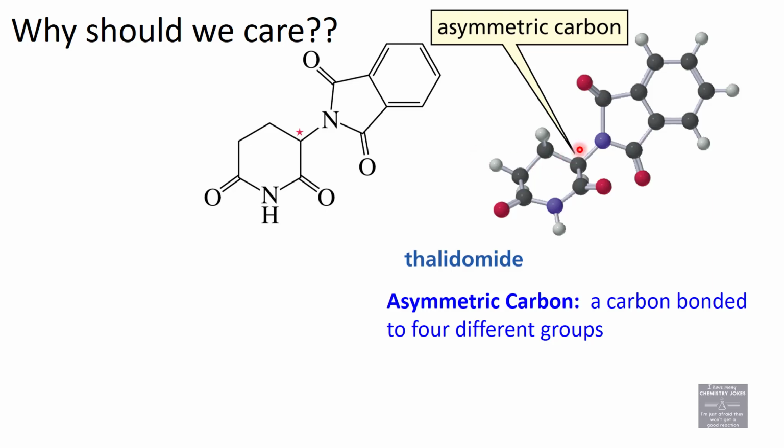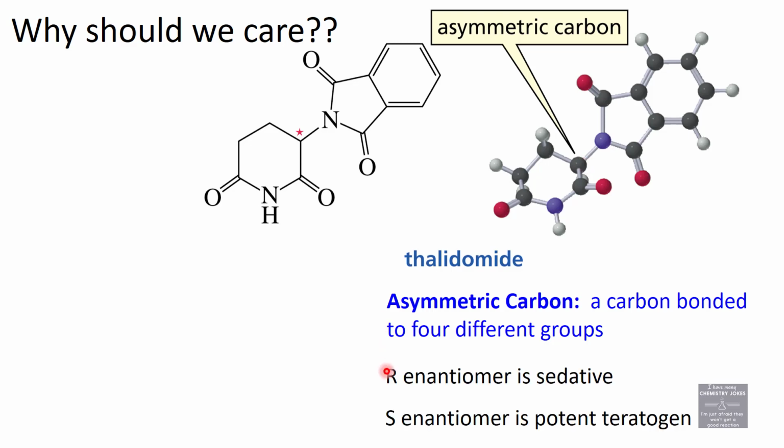So a compound that has a single asymmetric carbon exists as 2 different stereoisomers. Those 2 different stereoisomers are called enantiomers. Those enantiomers can have different names, different letter designations, R and S. We will talk about that. Bear with me.